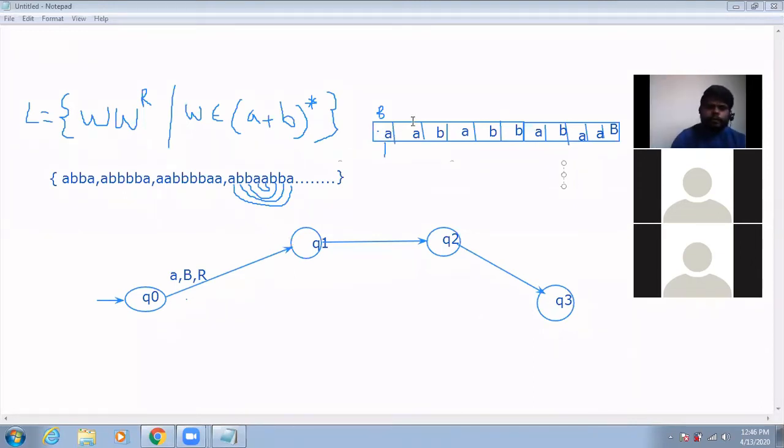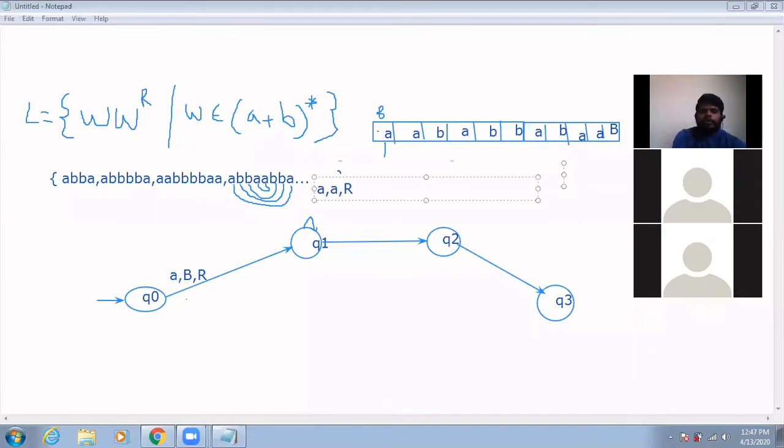While moving right hand side, later you will encounter any number of A's, and any number of B's are allowed. You should not perform anything; you keep A as it is on the tape. So in the loop, for any number of A's, you keep A and move right.